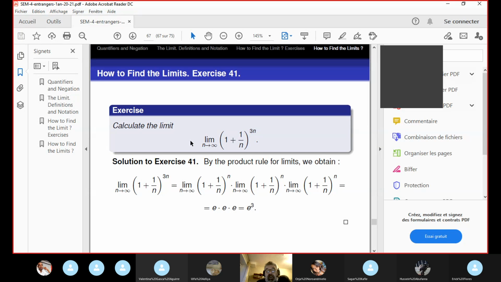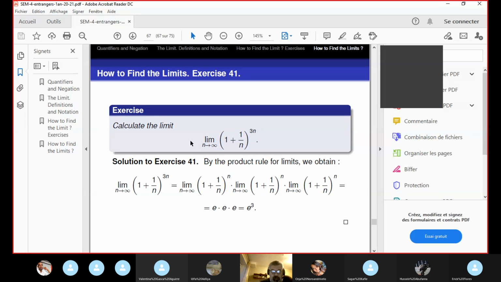Each limit is e. Then the limit of my sequence (1 + 1/n)^(3n) is e cubed. Okay? Yes, Professor. No problem, I think.